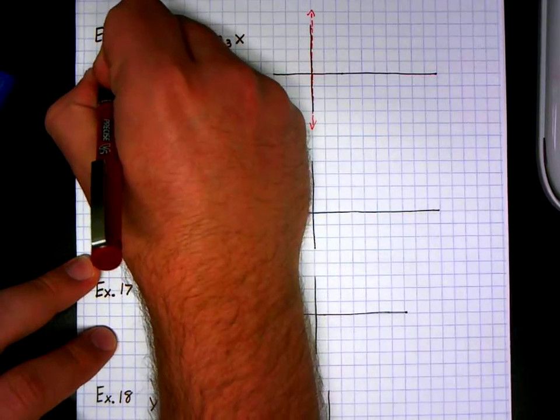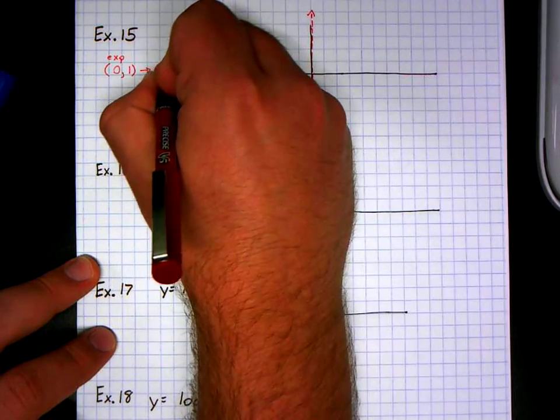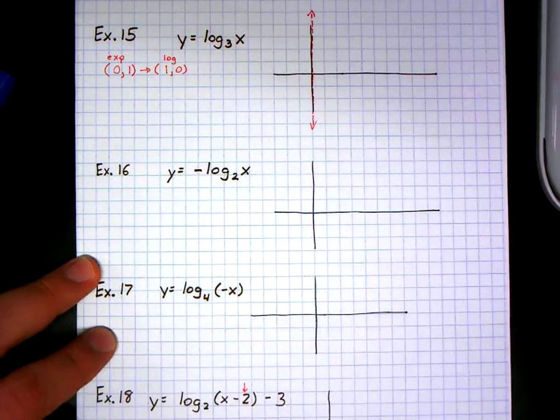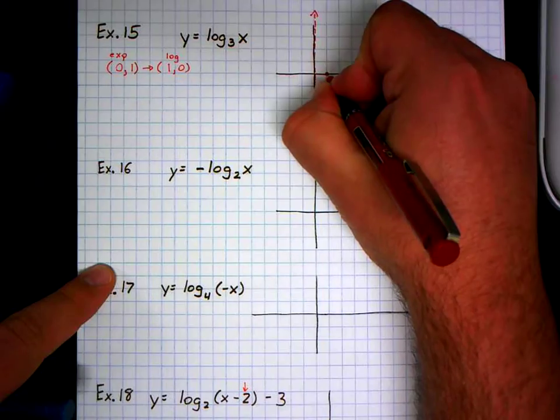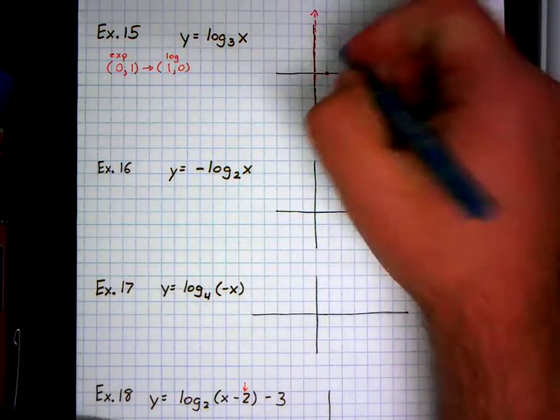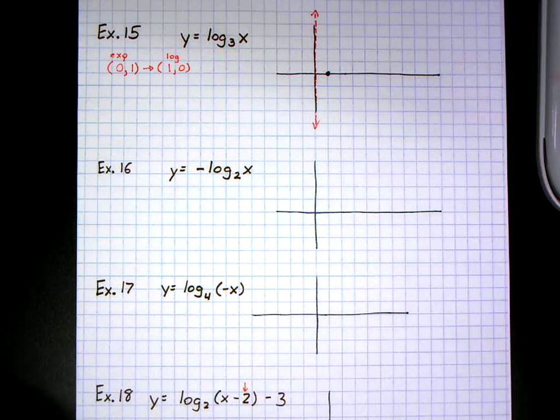So this ordered pair in an exponential becomes this ordered pair in a logarithm. We can't have anything at 0 because 0 is an asymptote. But what I do have is that dot, my starting point on all my graphs: (1, 0). It doesn't matter what the logarithm is, if I plug 1 into a logarithm, I always get 0.